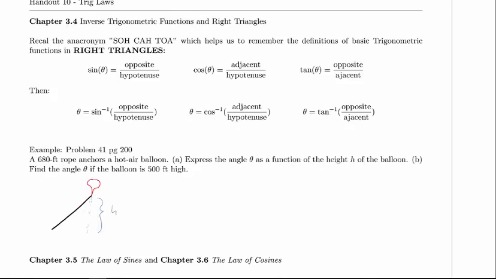And that rope is 680 feet. And then we've got our ground right here. And we note that it does form a triangle, and not just any triangle, but a right triangle. And so, again, we're trying to find theta as a function of height.